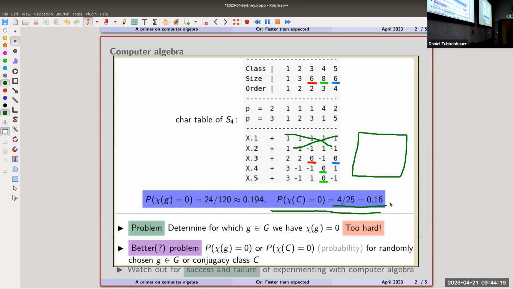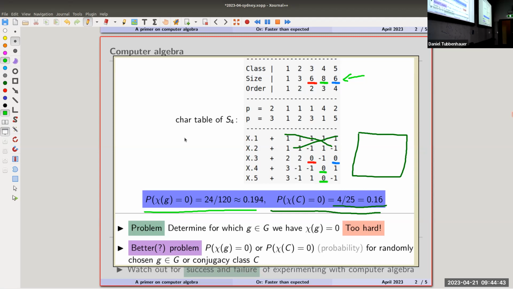A bit more sophisticated, I could ask the question, what is the probability that a specific element has character 0? Let's just say I weight every entry by the size of the corresponding class. In this case, I get 120. Why do I get 120?